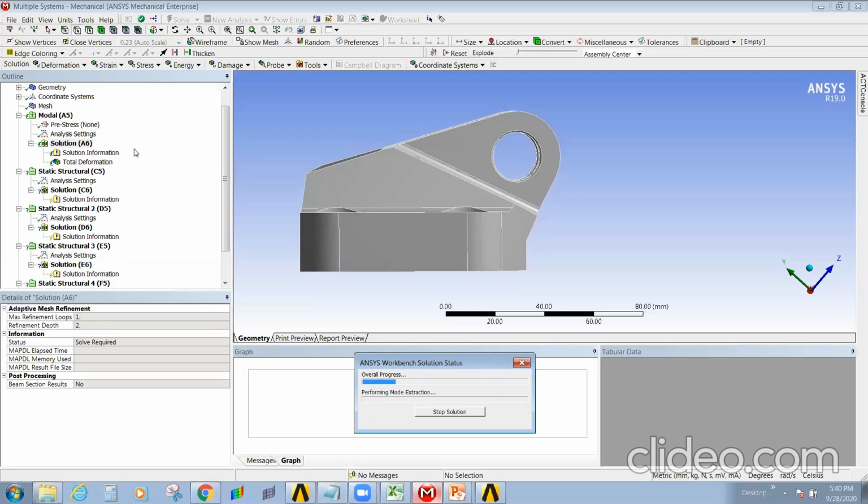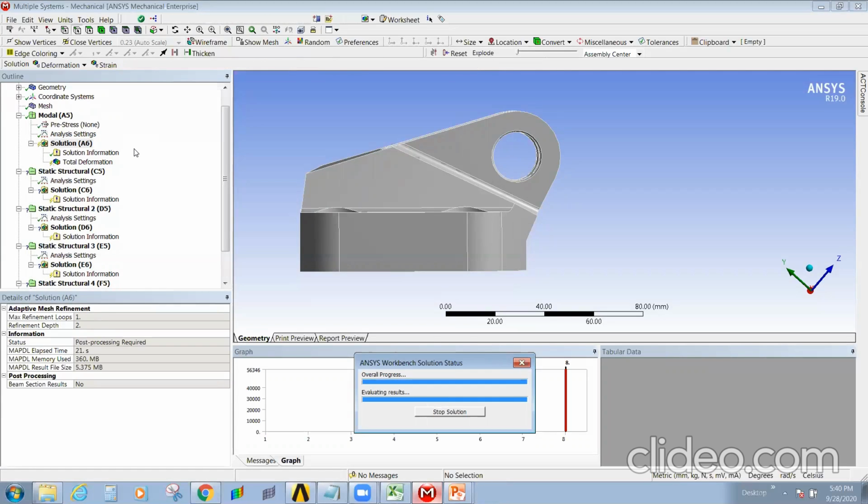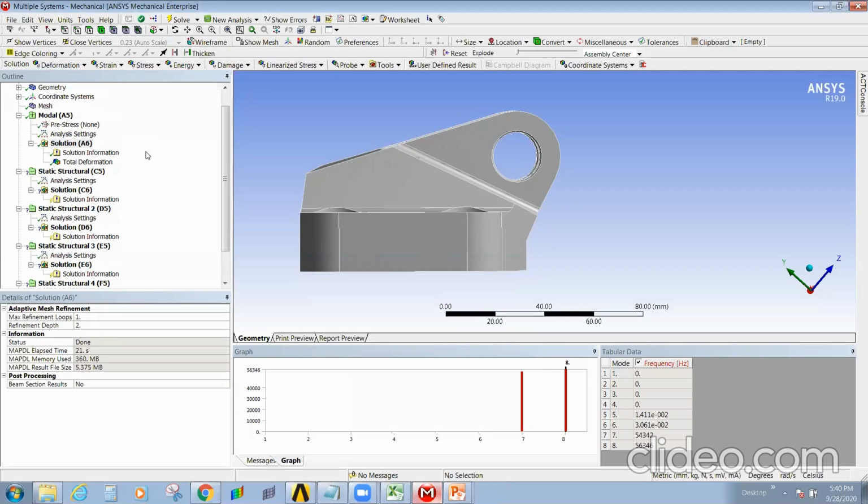As the geometry is free, you will surely get 6 zero-frequency modes, and the 7th one will have a positive value. As you can see, the first 6 values are equal to 0, and the 7th and 8th have a positive value.